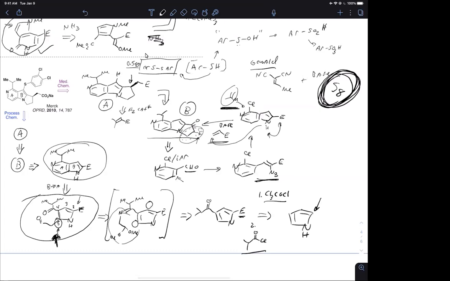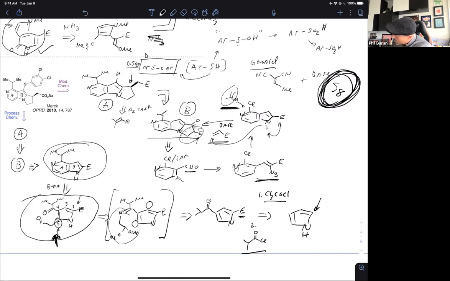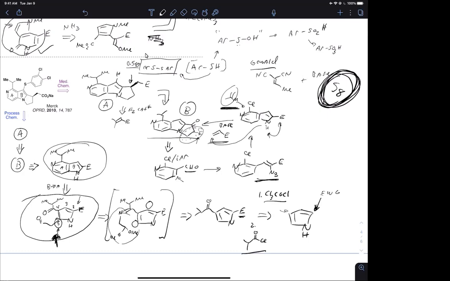Oh, C2 goes first, and then, as you know from the pyrrole substitution chapter in the PCC book, after the first electron-withdrawing group is here, the next one to go is going to be here. If it is here, then why would the last step happen on the C5 position rather than the C3 position?